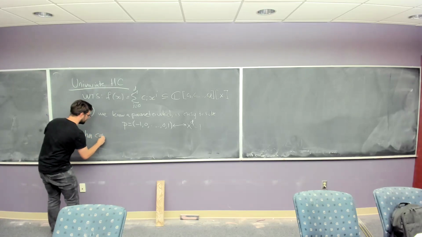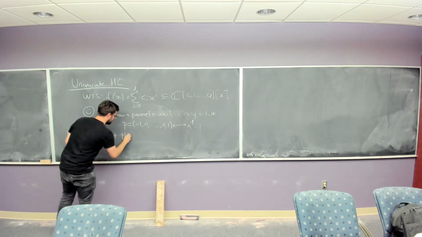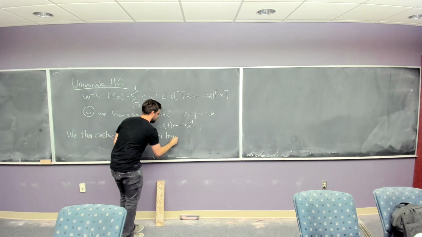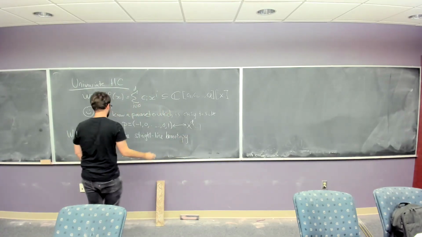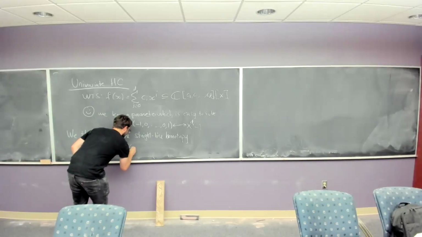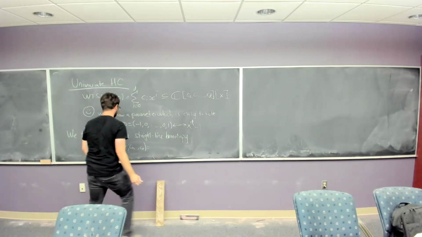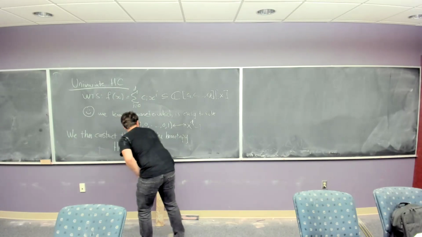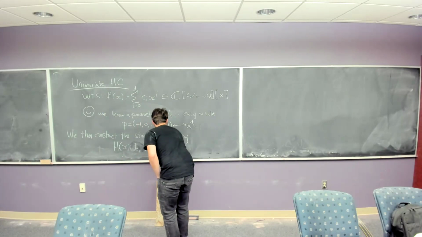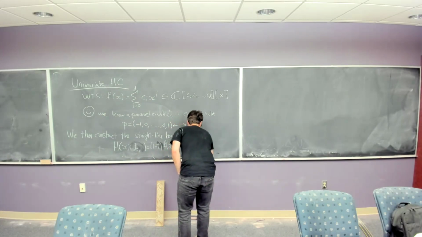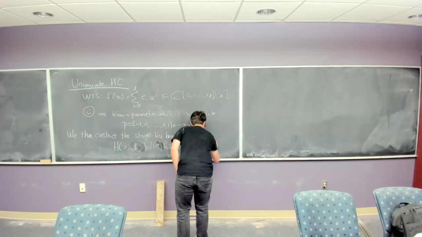And then we construct the straight line homotopy: 1 minus t times f of x with some c's, plus gamma t times f of x at the start parameter p.